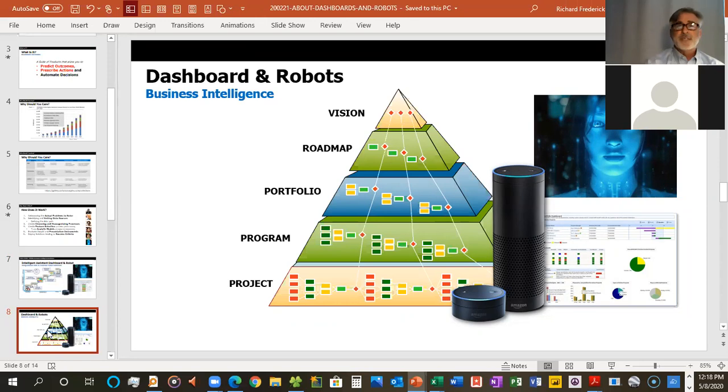So again, with business intelligence at the very top of the institution, I'm using kind of a scalable agile model. I apologize if your shop doesn't do scalable agile, but it's not too far removed from what most institutions are doing. At the very top, there's a vision. And the executives go through their balanced scorecard, strategic planning, and come up with a set of objectives that creates a roadmap.